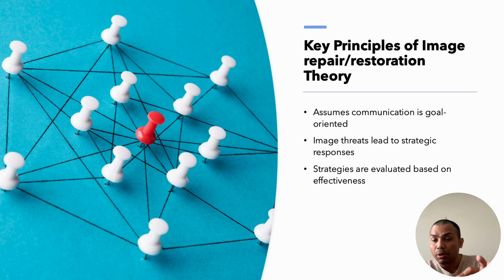How should you challenge and stop the negativity about your organization? It needs to be strategic. Third, this theory also helps you evaluate whether your strategy is good enough or not. So these are the principles of the image repair or restoration theory.